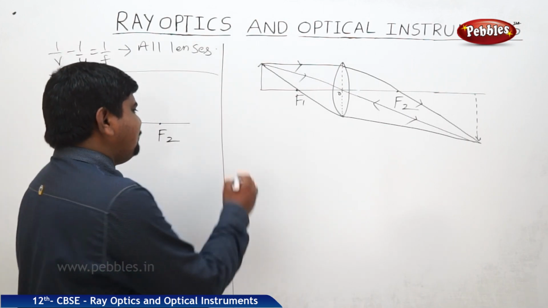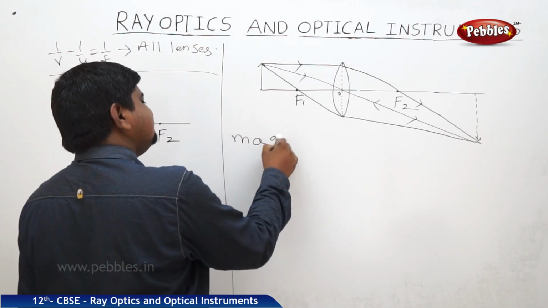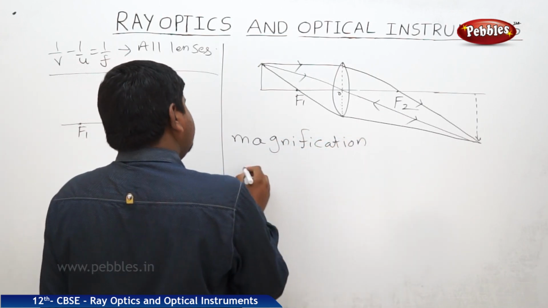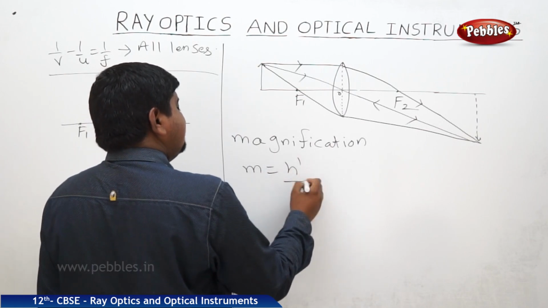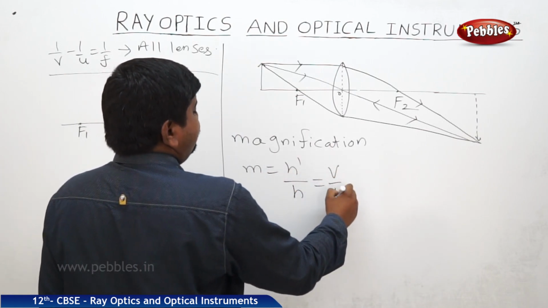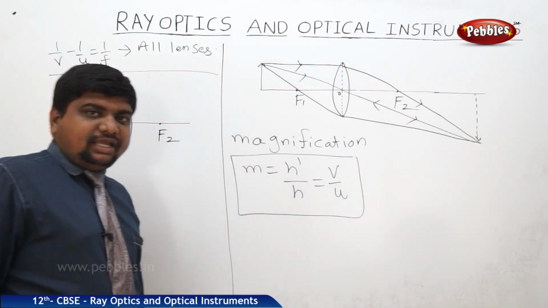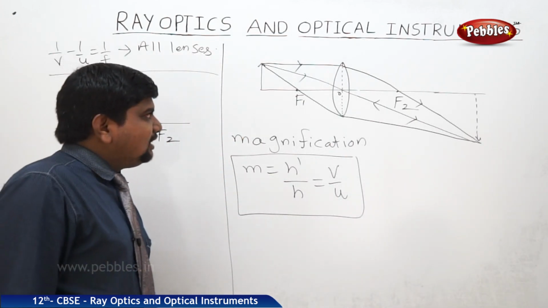So if you want to see the magnification in lenses, m = h'/h = v/u. Here we are eliminating the minus.